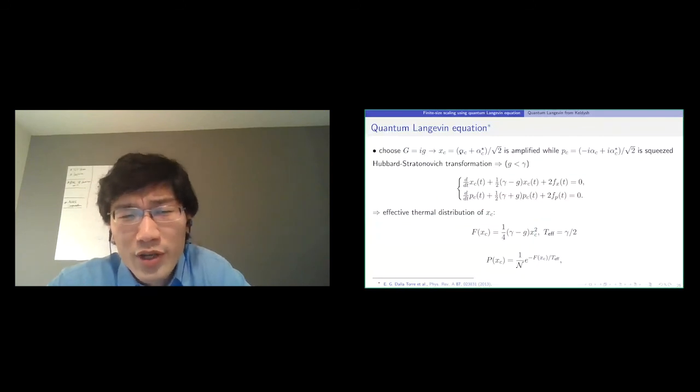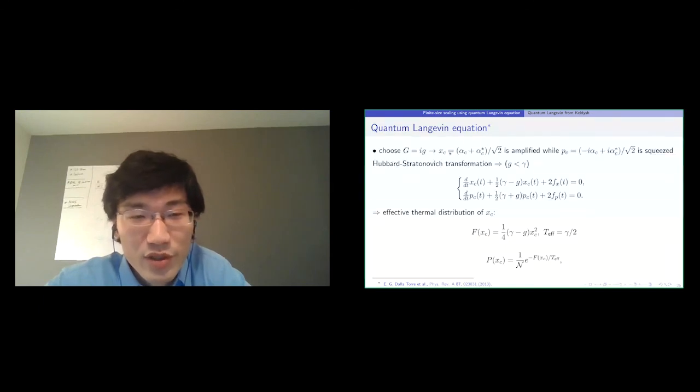This is another coordinate transformation of the original basis. So we can write down the xn in this basis of x and p, and then you can do a Hubbard-Stratonovich transformation to get rid of the x quantum and p quantum part. And then we can get a Langevin equation.